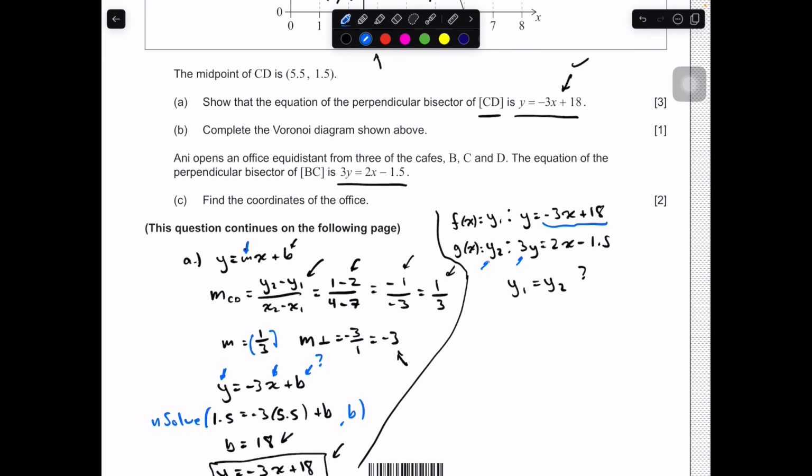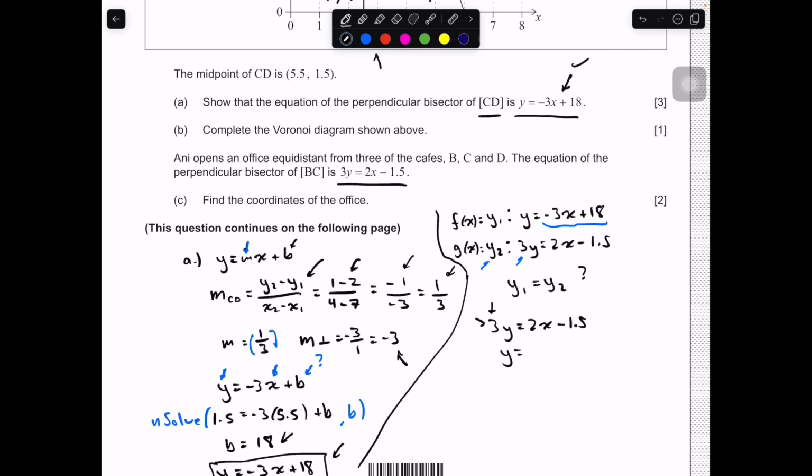So if we're looking at the second equation right here, 3y is equal to 2x minus 1.5, and we want to get it just in terms of y. That is to say, we want to get y all by itself, so then we can set one equation equal to the other. We're going to need to get rid of this 3. If we don't want 3 y's, but we only want 1 y by itself, we can divide everything by 3.